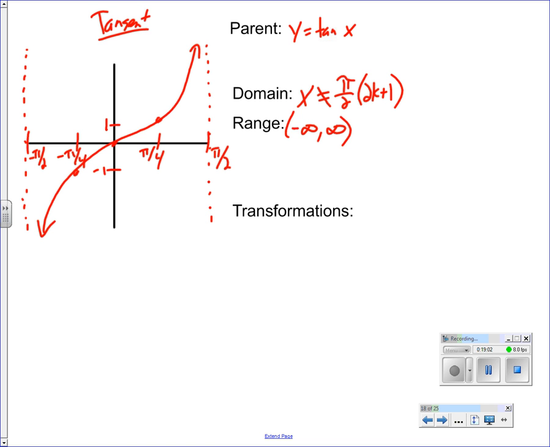All transformations you could still see on tangent, although you don't see them a lot. You could have all the same transformations that we have with sine and cosine. So a tan, frequency and phase shift has the same idea with tangent.